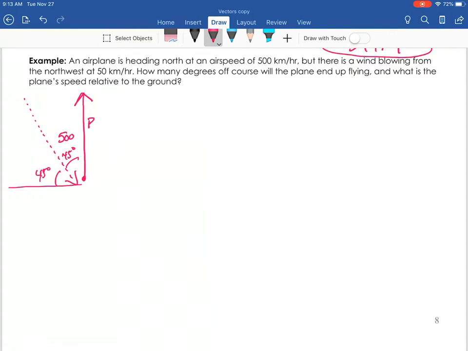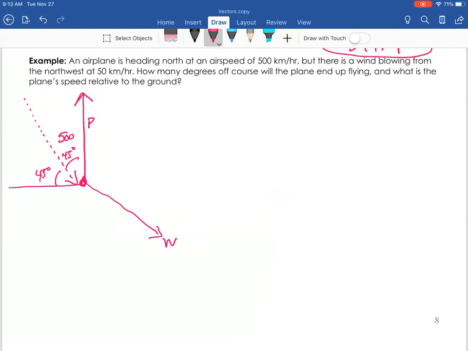Okay, now, if we want our vector to be in standard position, though, we want it to be where the initial point is at the origin. So I'm just going to bump this down. It's still going to be the same direction and the same magnitude, but I'm going to put it down here instead so that it starts at 0, 0. So we'll call that vector W for the wind.